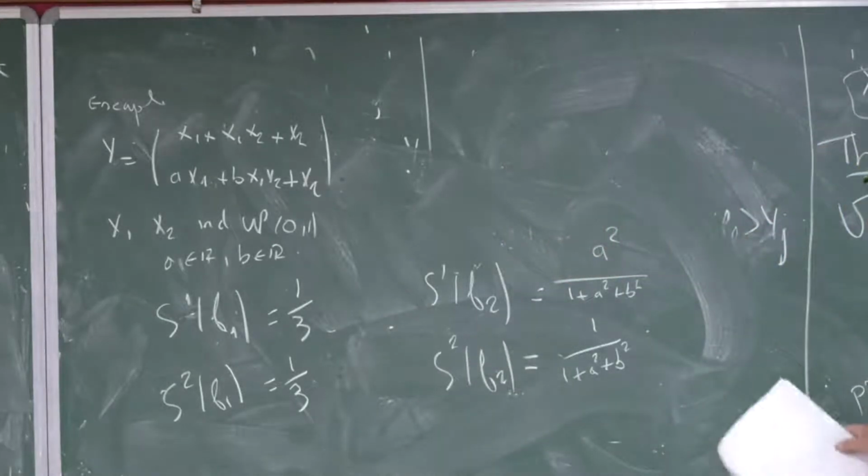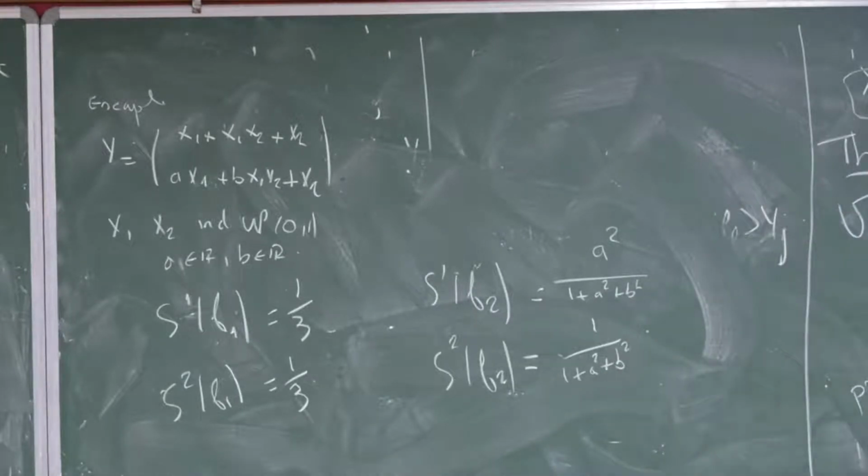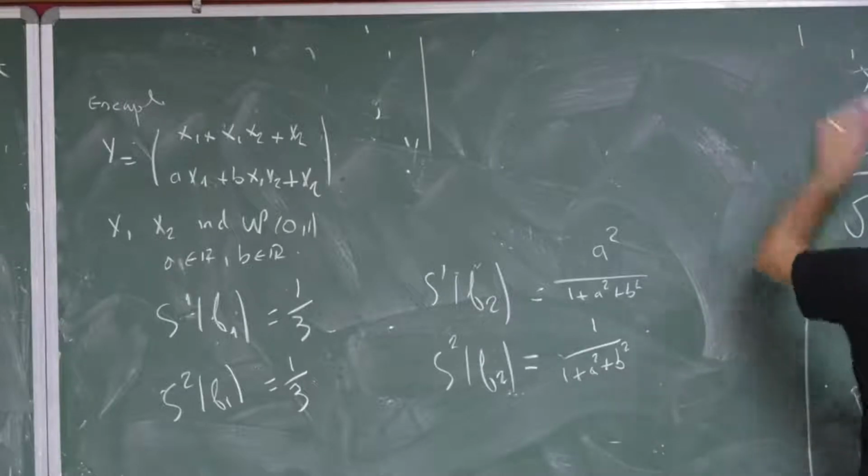So for example, what we saw in this example is that we can see different things.